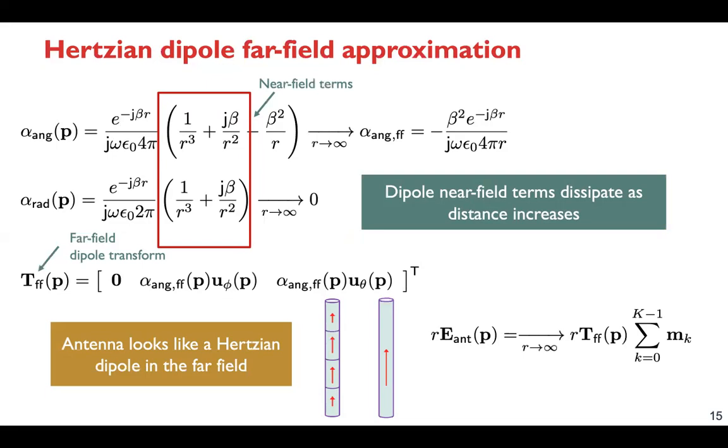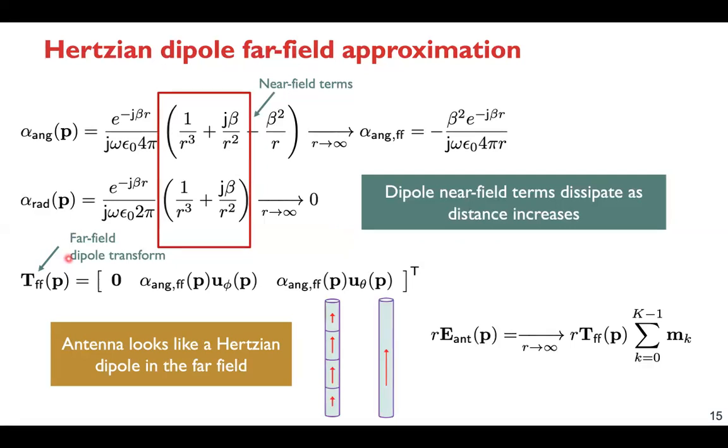And here, essentially, what we're noting is that if we have the angular and radial amplitudes for those Hertzian dipoles, as we increase the distance from the array, those amplitudes of the radiated fields converge to certain values. The angular amplitude converges to a value that's only dependent inversely on R, and there is no radial component to the radiated field as we go to larger distances from the array.